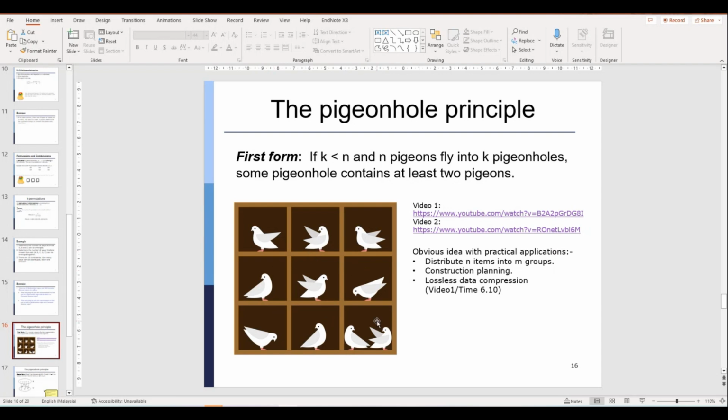Now, in the olden days, people used pigeons to send letters, for postage. They would tie a small piece of note on one of the pigeon's feet, and then they free it.